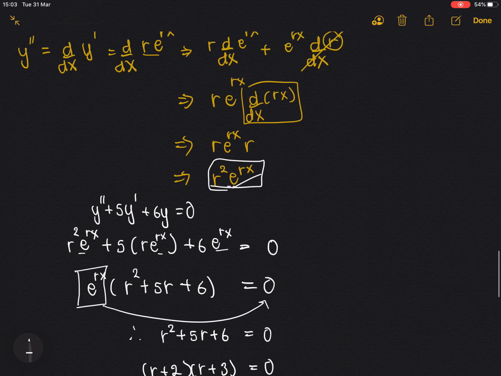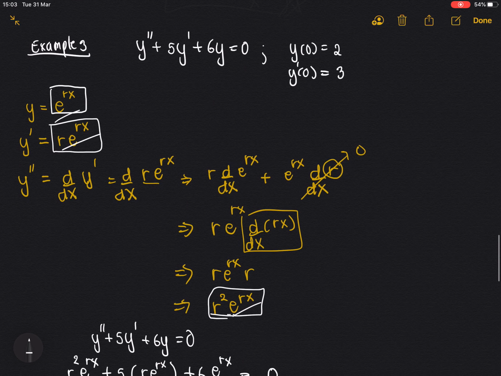And if you go back to the equation here, you can see that you are given two different initial conditions, which means that you have to find two different values for two different constants. But the conditions that are given to you are in terms of the y function and the y prime function.